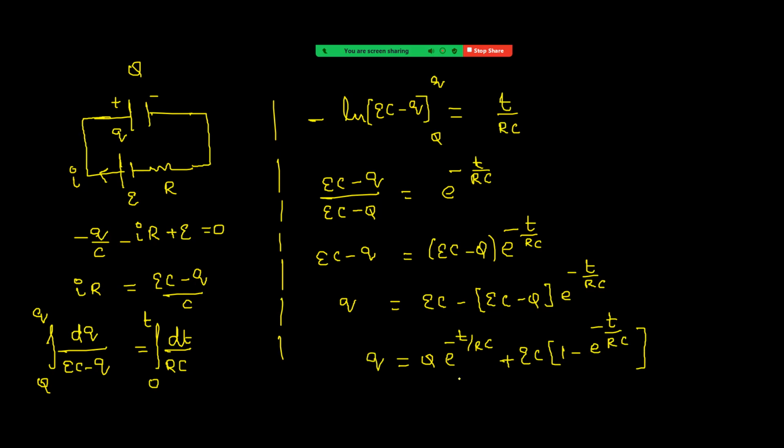So this is now charge on the capacitor as a function of time. Okay. The only change is just limits. When t is 0, it is capital Q. Okay. Let us see now next problem.